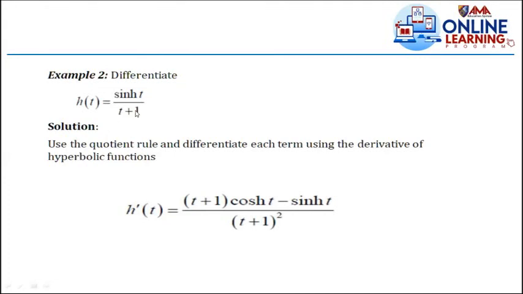So we have dv is equivalent to 1. Divided by v squared. So we have t plus 1 and then squared. So therefore, h prime is equal to v du minus u dv all over v squared. So we have t plus 1 cosine h t minus sine h t divided by t plus 1 and then squared.